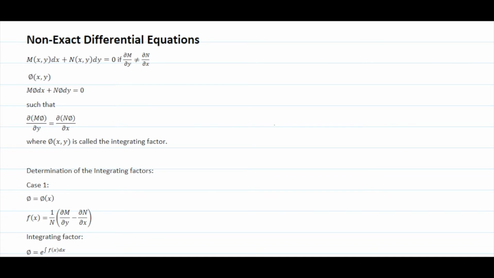Okay, so let's go to non-exact differential equations. In the differential equation represented by M(x,y) dx plus N(x,y) dy is equal to 0, if the partial of M with respect to y is not equal to the partial of N with respect to x, the equation is said to be non-exact.